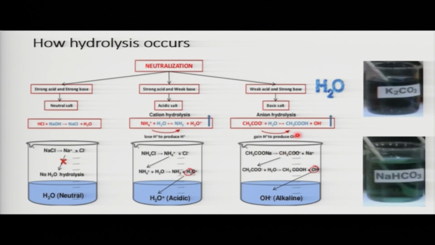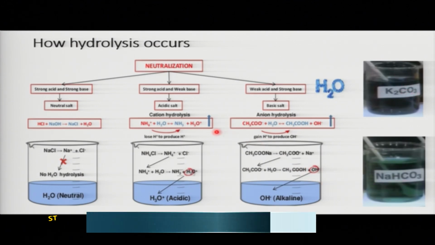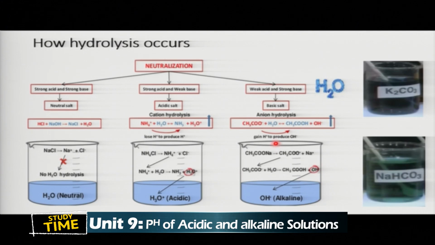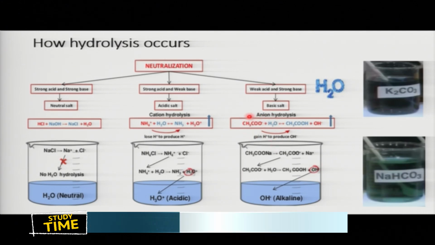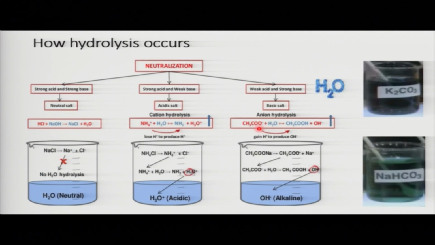For the basic salts, for example potassium carbonate, sodium hydrogen carbonate, and sodium ethanoate, when they are dissolved in water, the ethanoate ions in this case act as a base, taking a proton from water to form un-ionized ethanoic acid and OH.